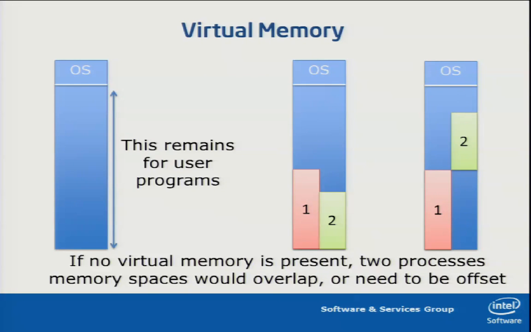In earlier operating systems, this was exactly how it was done, because you could run only one process, one application, at the same time, because it would take all the memory. Well, the solution to that is either you offset the address spaces for two processes, so that they wouldn't overlap, but then how do you deal with dynamic allocation of memory? You wouldn't allow that in principle.